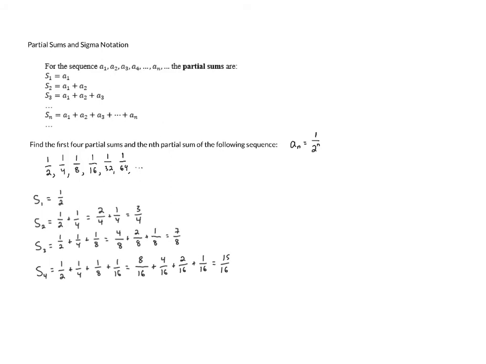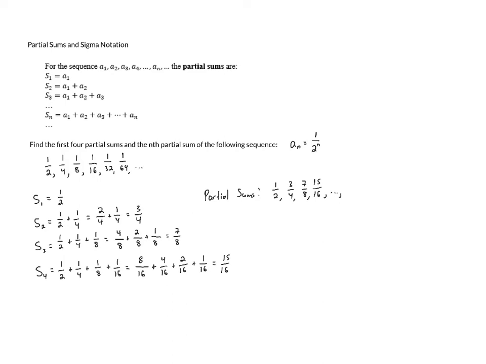So if we look at the partial sums, which form a sequence of their own, we get 1/2, 3/4, 7/8, and 15/16. If we want to know what the nth partial sum is, we can look at the numerators and denominators separately.